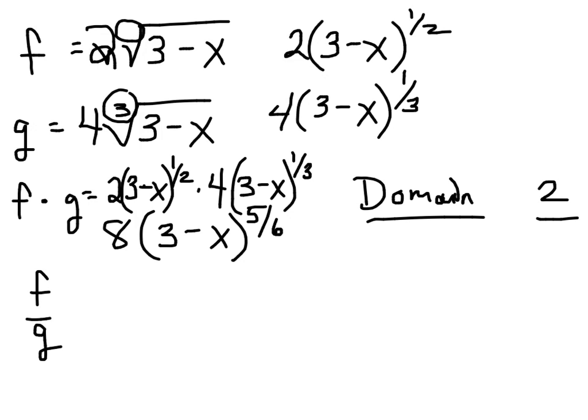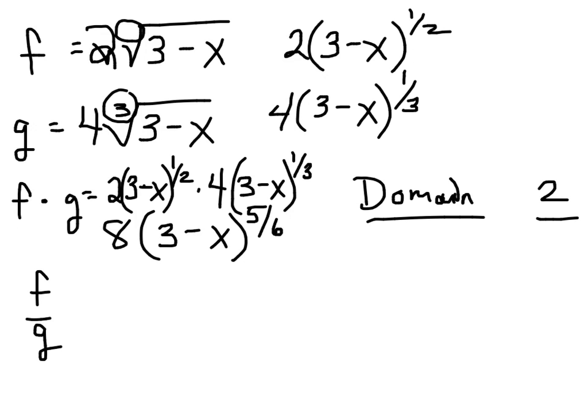Now let's take a look at the domains. Anytime you have domain restrictions is when you either have A, square root in play, or B, fraction in play. Did we initially have a square root in one of the functions? Yes, we did. What number would make that equal to 0? If it's 3 minus x on the inside, what number gives me 0? 3.